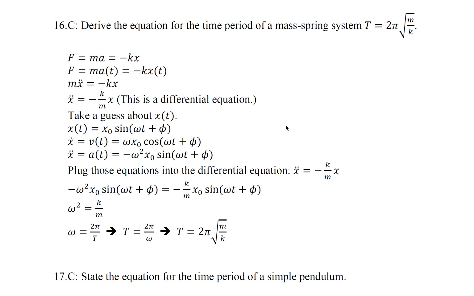So we'll just say omega squared equals k over m. And omega is 2 pi over T. Angular speed is 2 pi radians per period. Solve for period. We could put this in the denominator here.